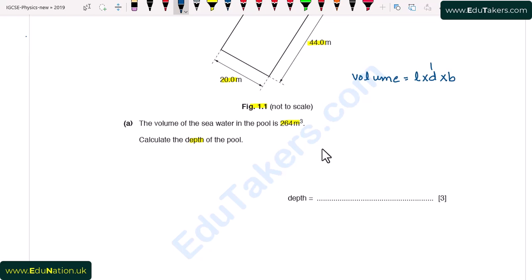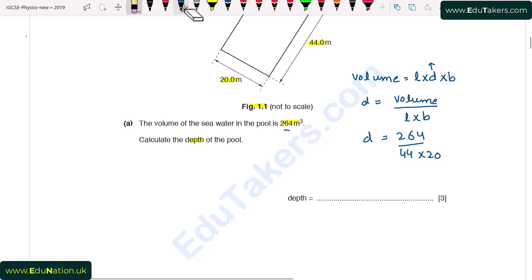Here we have to calculate the value of depth, so D will be equal to volume divided by L cross B. Volume is given, that is 264 meter cube, and length is 44 meters multiplied by B is equal to 20 meters. So D will be equal to 0.3 meters and it remains constant. So I write here 0.3 meters.